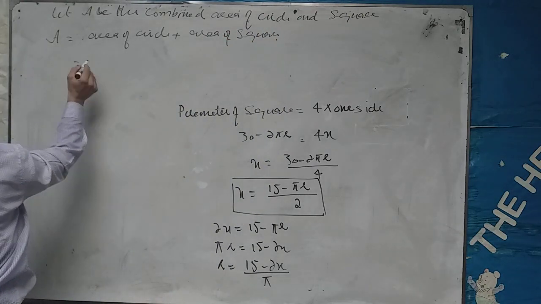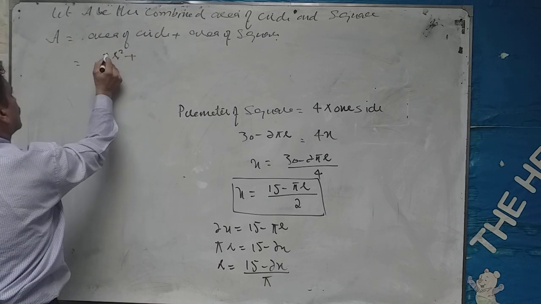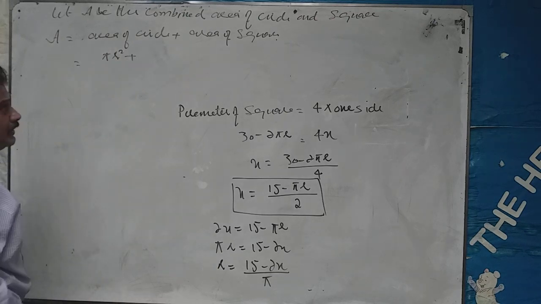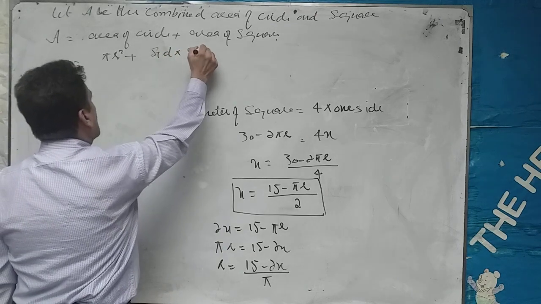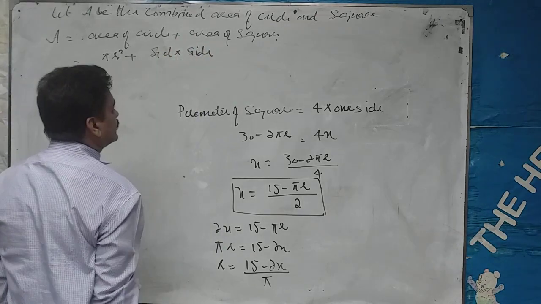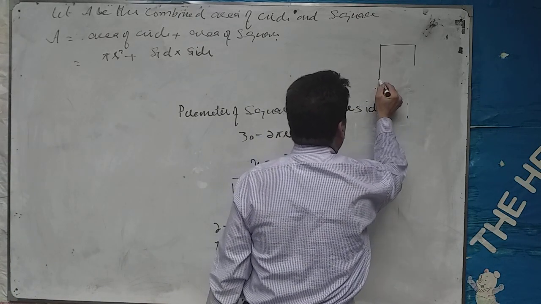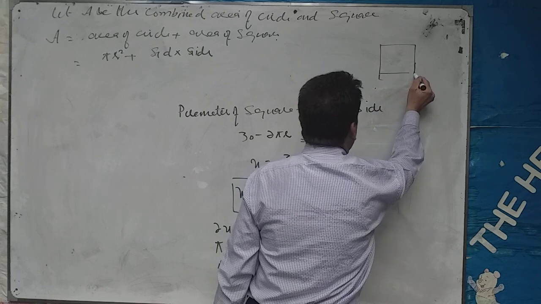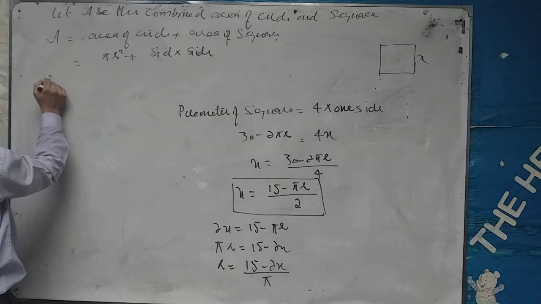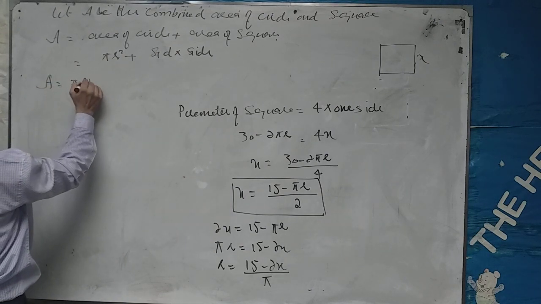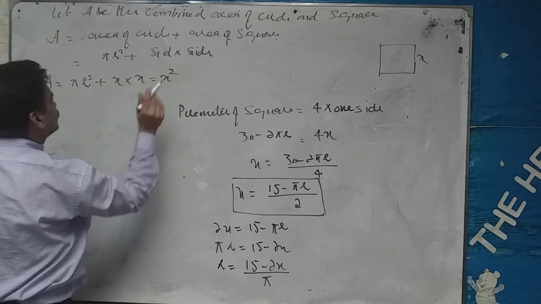We can write area of circle, which is pi r square, plus area of square, which is side multiply side, and side of square is x, so x multiply x, which is x square. We write A is equal to pi r square plus x square.